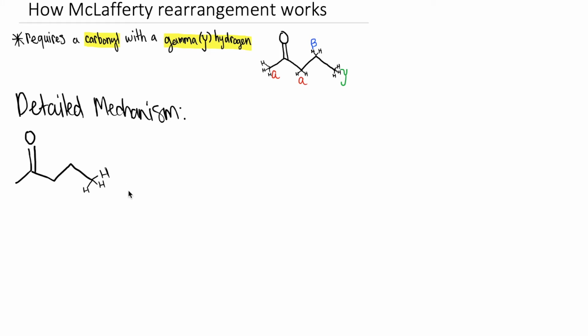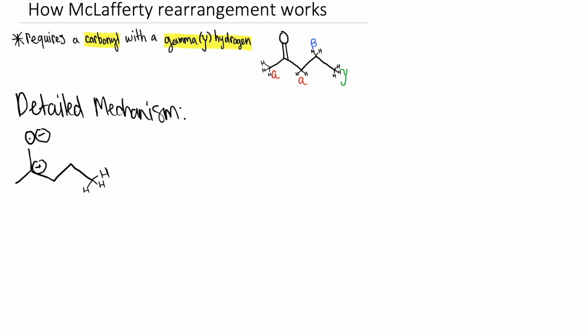So let's take a look at how the mechanism behind McLafferty rearrangement works. This mechanism is going to happen in a few steps. The first step is that these electrons, these pi electrons between oxygen and carbon, are going to come up onto oxygen. So what we're left with is an oxygen with a negative charge and a carbon with a positive charge.